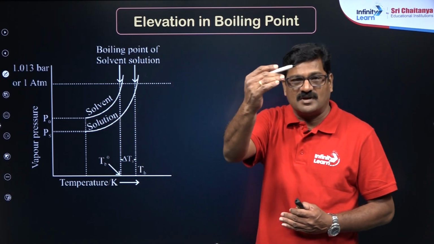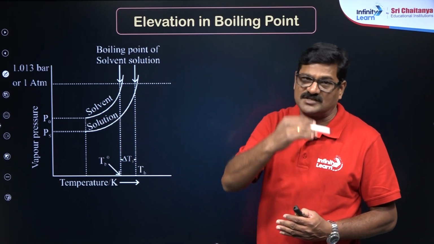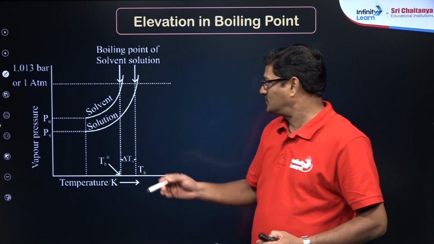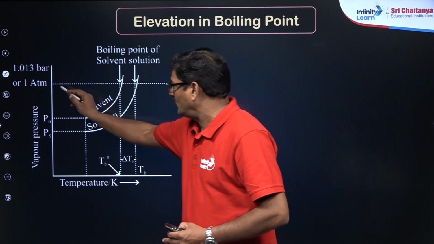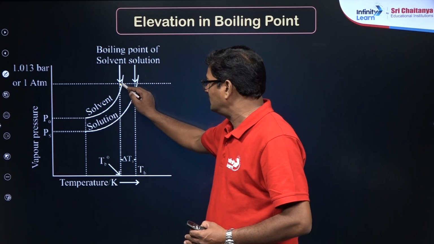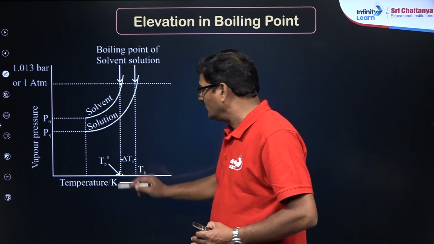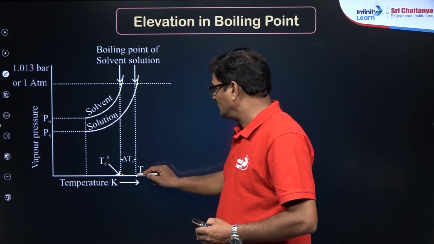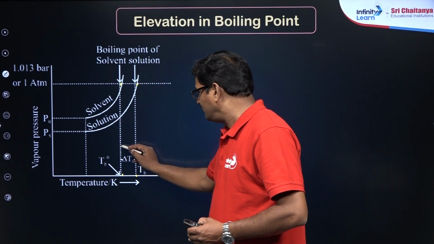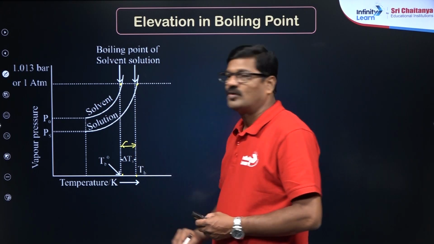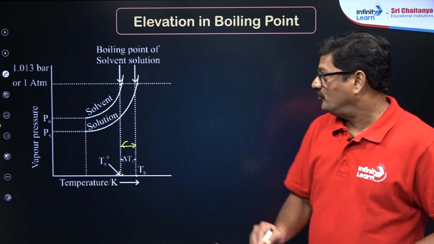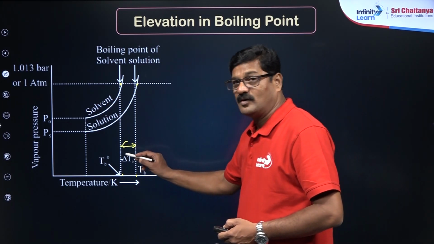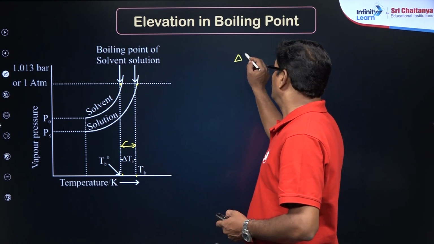The vapor pressure of the solution is always lower than its corresponding solvent. So at 1 atmosphere, this is the temperature at which the solvent is boiling, and this is the temperature at which the solution is boiling, and the difference between these two is what you call the elevation in boiling point of the solution.